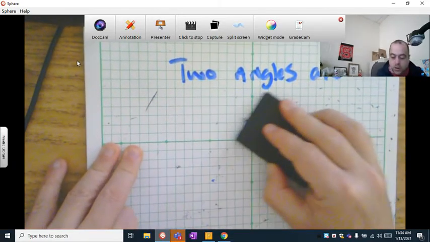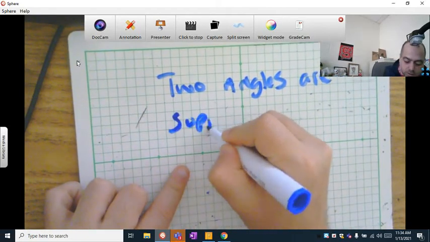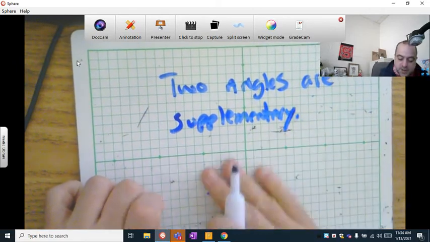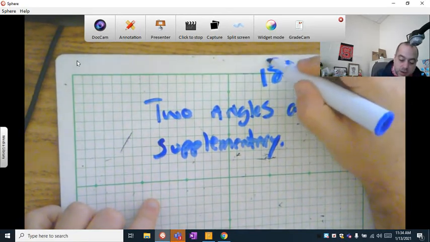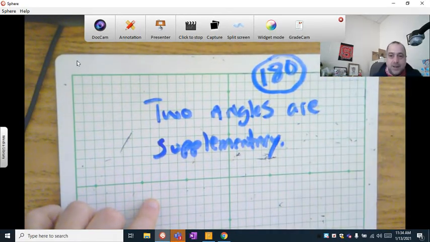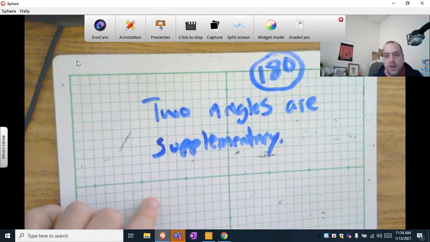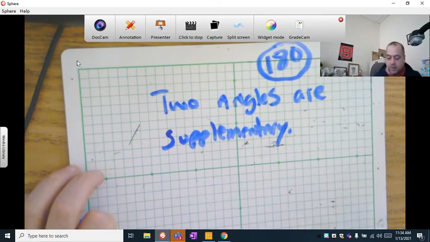All right. Now we're going to do the same type problems, but instead of complementary, we're going to say the angles are supplementary, which means they have a sum of 180, not 90. Complementary is 90, supplementary is 180. Okay? All right. So let's do a couple problems.